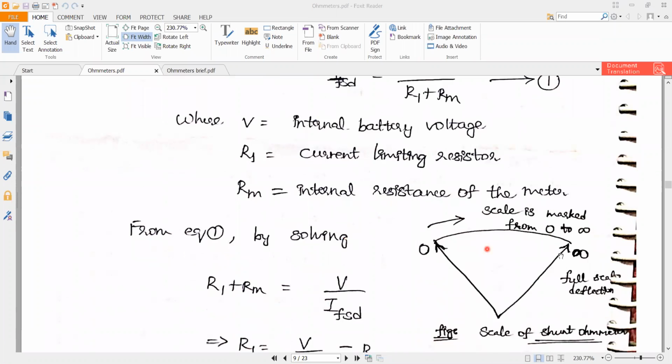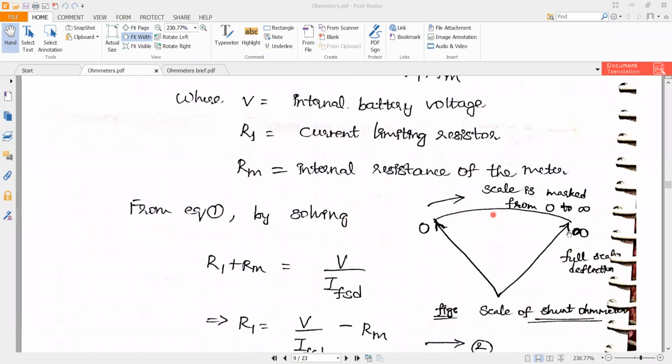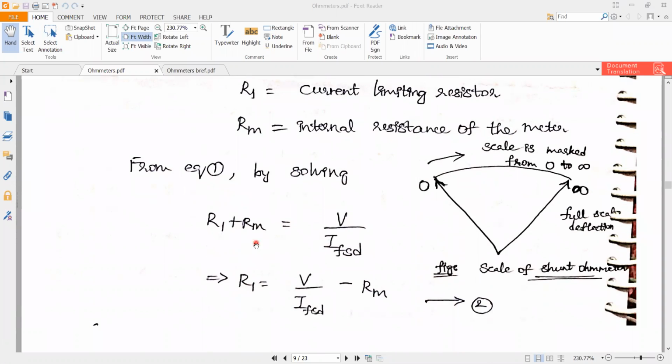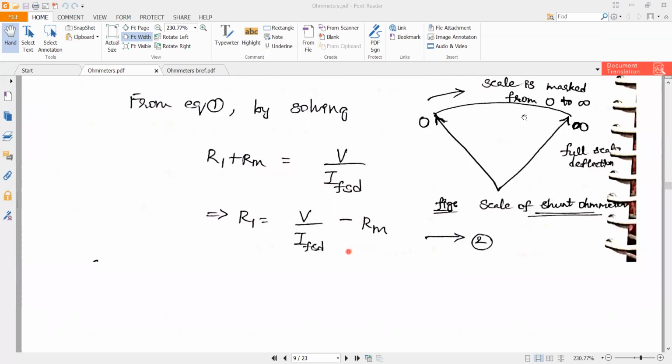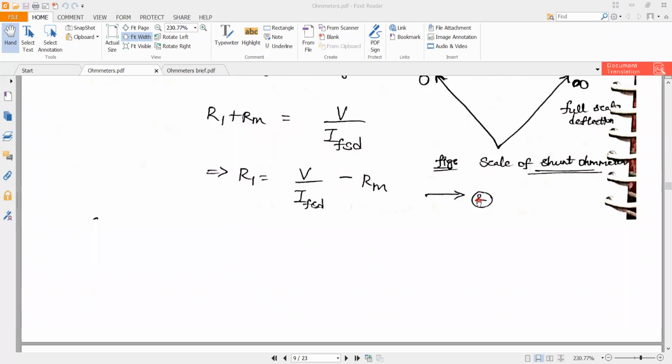The scale is marked from 0 to infinite. Infinite means full scale deflection, and 0 means null scale deflection. Here R1 plus Rm is equal to V by IFSD, that is, R1 is equal to V by IFSD minus Rm. Rearranging the above terms like this, let it be equation 1.